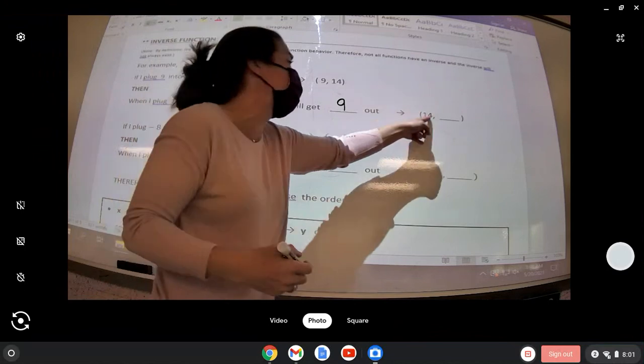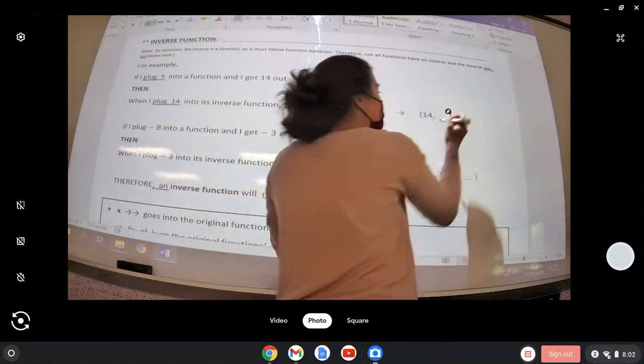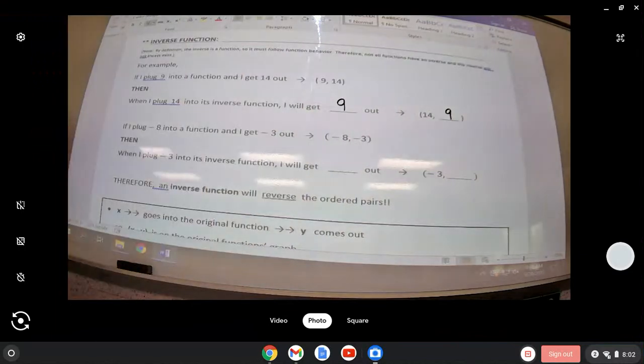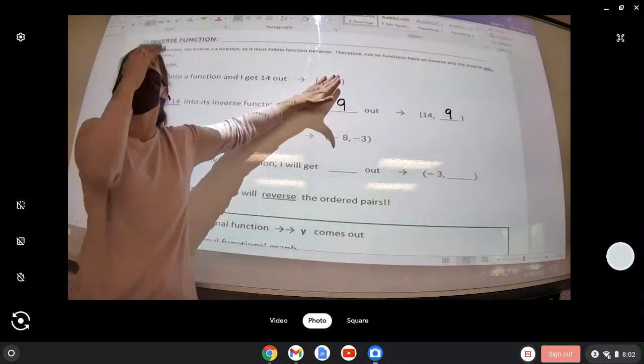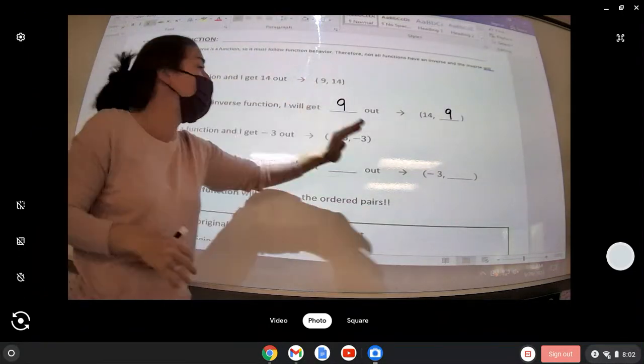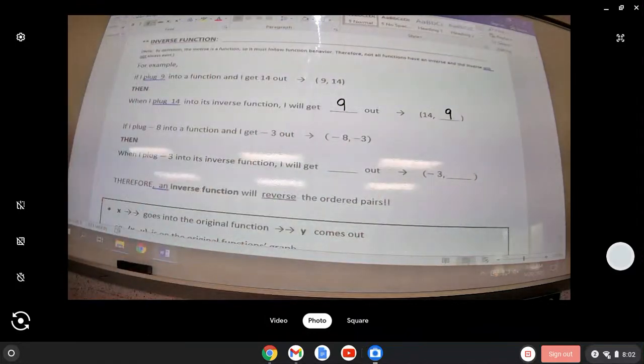So that means 14 went into the inverse as x, and then 9 came out as the output y. So that means the point (9, 14) would be on the first function's graph, but then the point (14, 9) would be on the inverse function's graph.